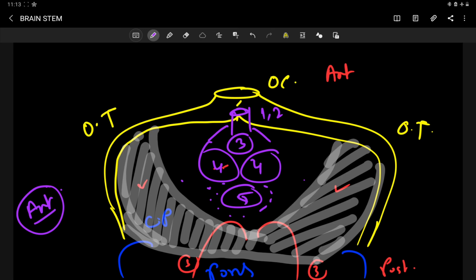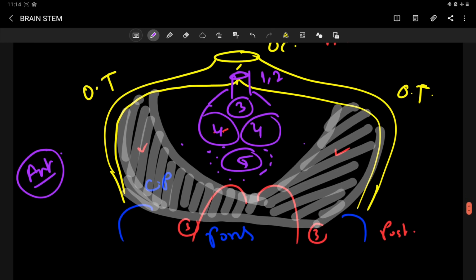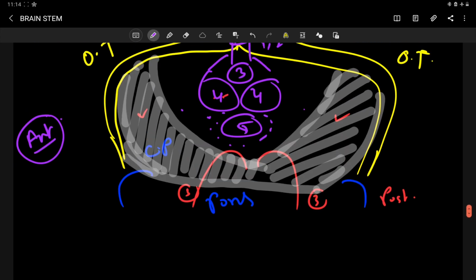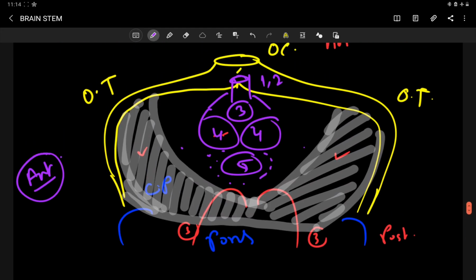This is the floor of the third ventricle. Your floor of the third ventricle also has the same contents, with just some additional contents, and what you cannot see there is the third cranial nerve. So the oculomotor nerve is a content of the interpeduncular fossa. True? Yes, true.